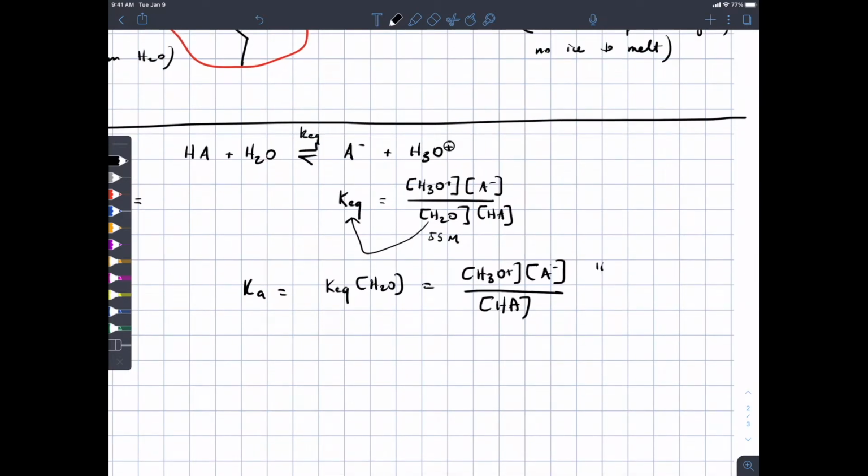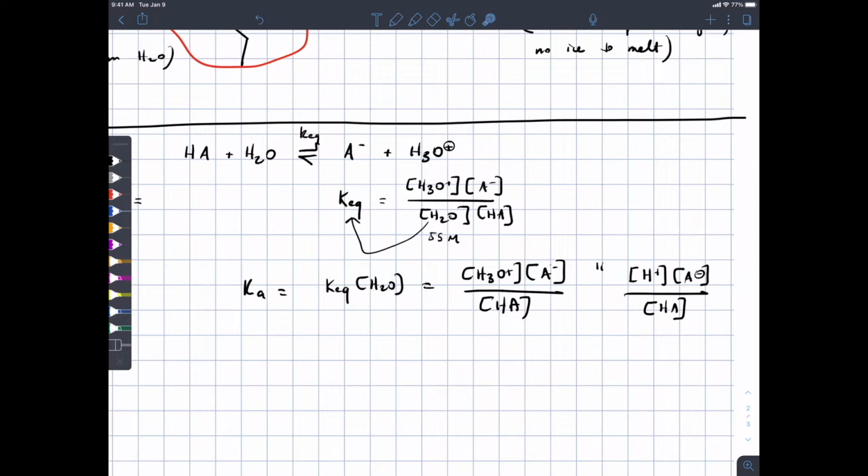And in your general chemistry texts, they might have done this. I hate that because, of course, in water there's no such thing as a free proton, right? But that's okay.